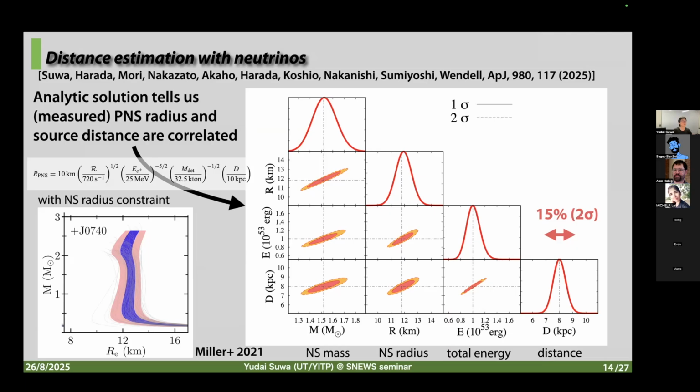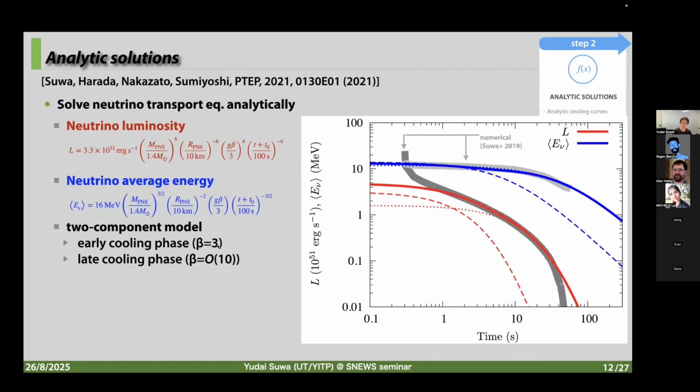Yes. NICER observes cold neutron stars, and here I'm interested in the protoneutron stars, actually focusing on the late phase. That means several seconds after the supernova explosion. The protoneutron star contracts from about 30 kilometers to the cold neutron star radius within this time scale.